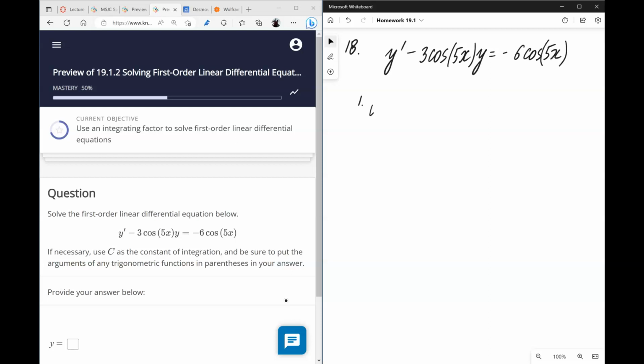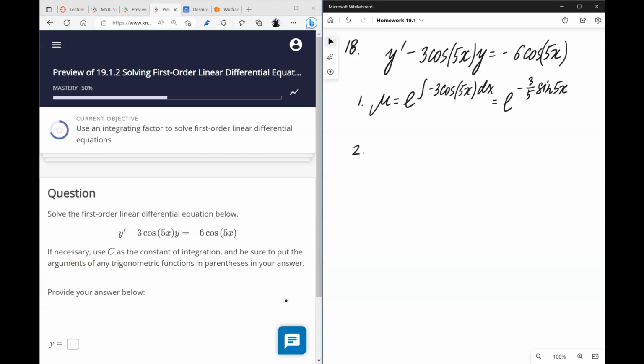And first step, integrating factor is e to the power integral of negative 3 cosine of 5x dx. So it's going to be e to the power negative 3/5 sine of 5x.